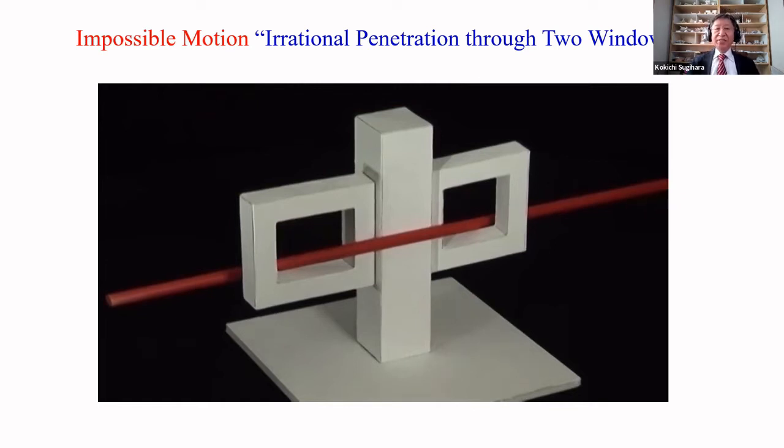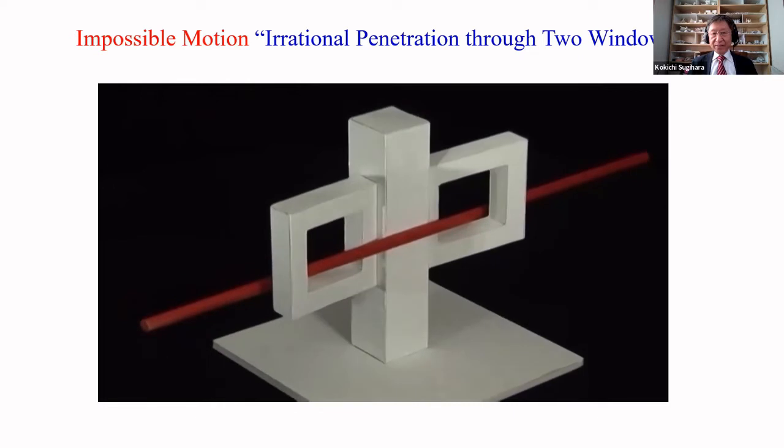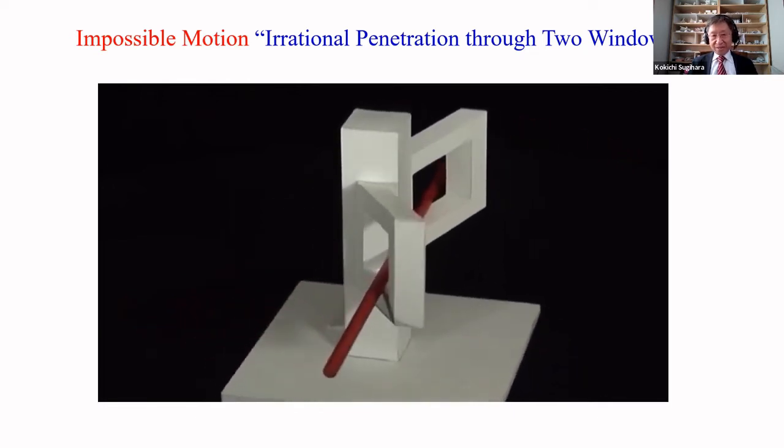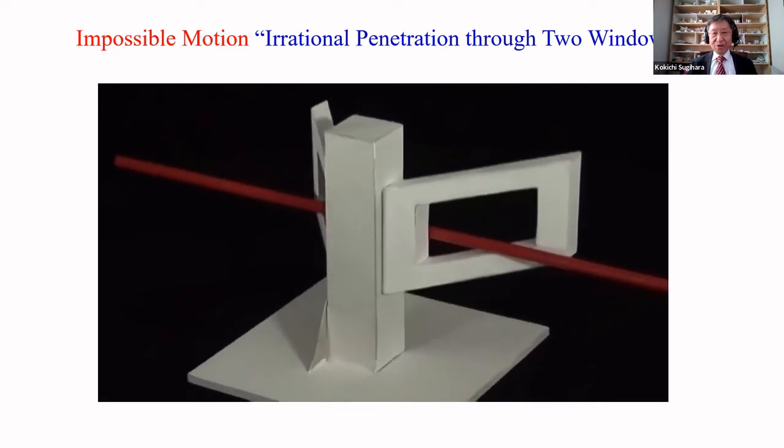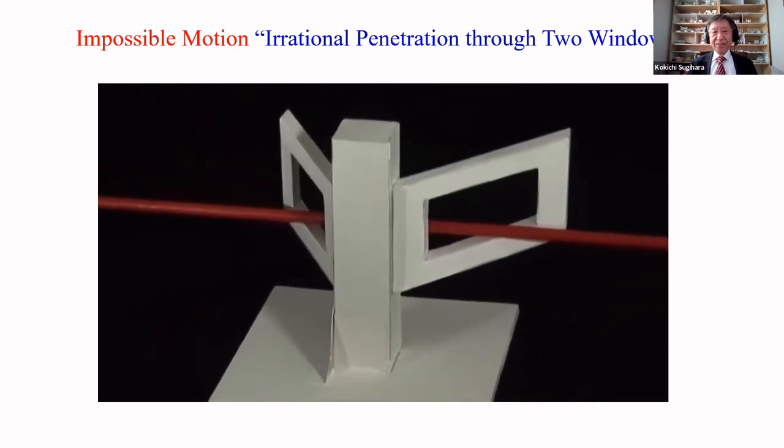But when we change our viewpoint, we understand that the motion is actually possible. But the object itself is not what we perceive when we see the image initially.